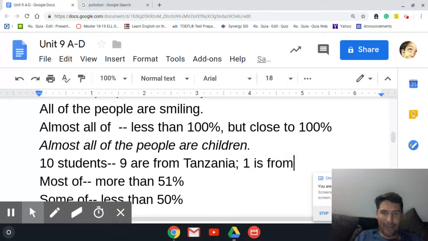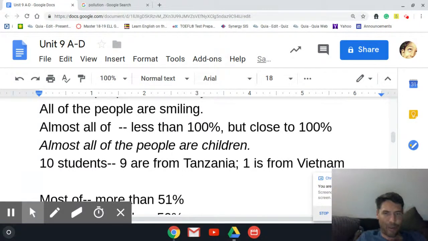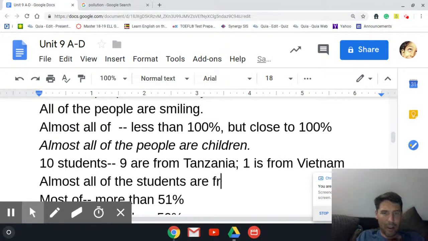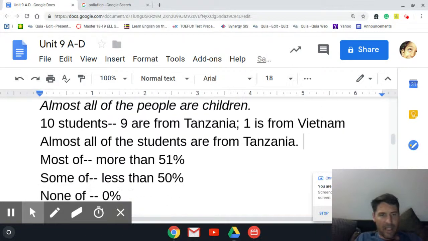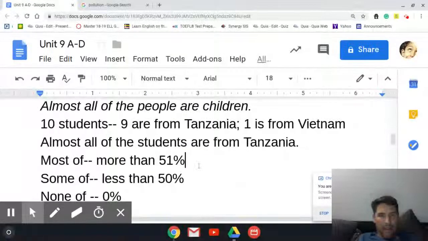And 1 is from Vietnam, okay? It's not true, but just an example, right? We might say not all, right? Because of the one student from Vietnam, but we could say almost all of the students are from Tanzania. You get that?